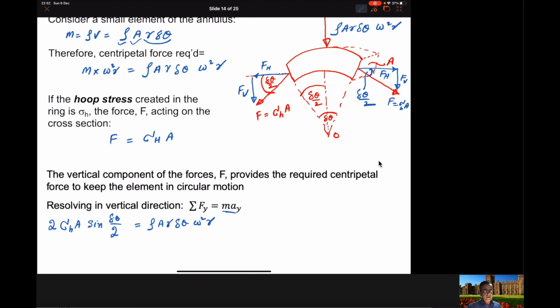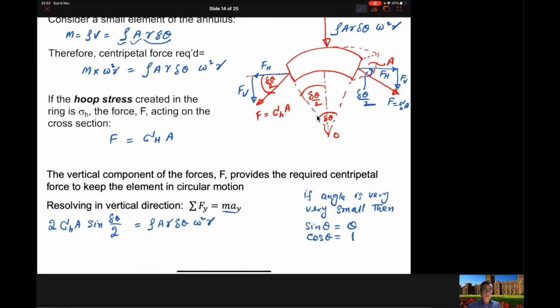Now there is another important concept in mathematics: if the angle is very small, then sine of theta is equal to theta, and cos of theta is equal to 1.